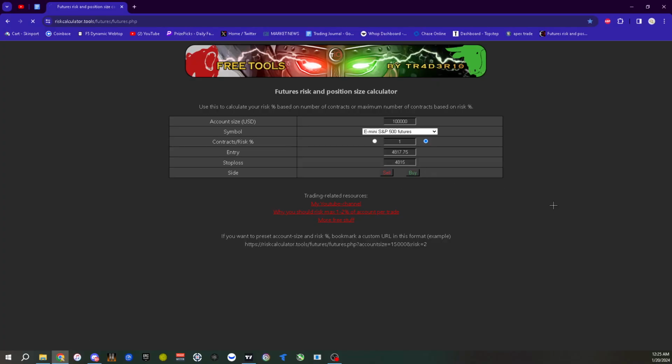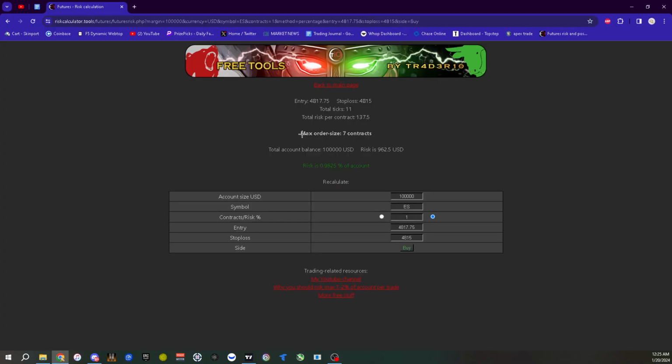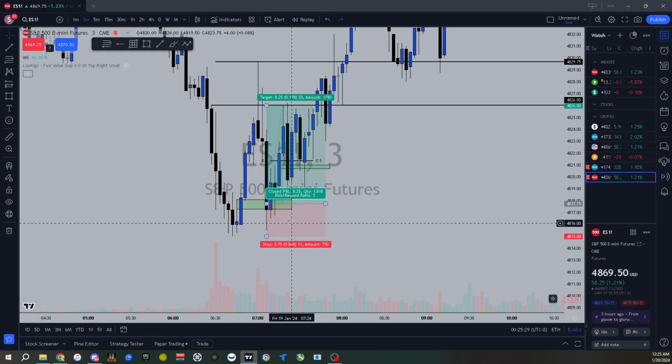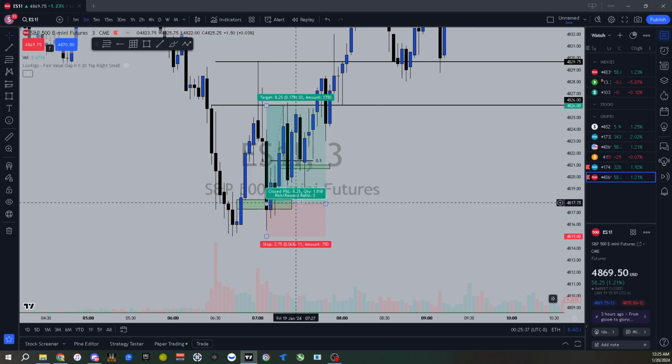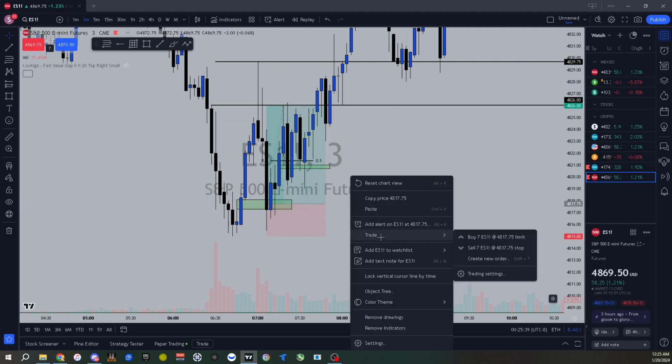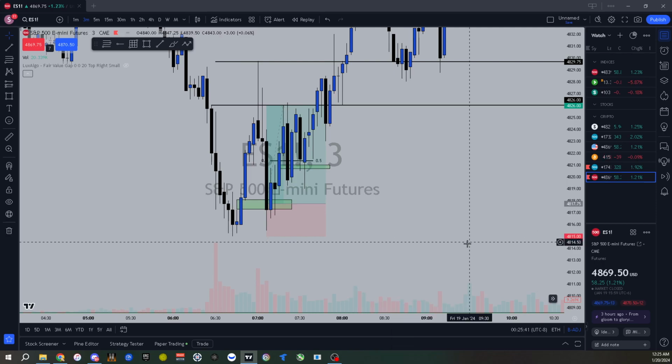So we would press buy, and this tells us for a $100,000 account, you're going to be risking $962 if you buy 7 contracts. So you would buy 7 contracts, right? And remember, I said this in the last video, how to trade on TradingView. Very easy. Limit order, trade, buy 7 contracts.